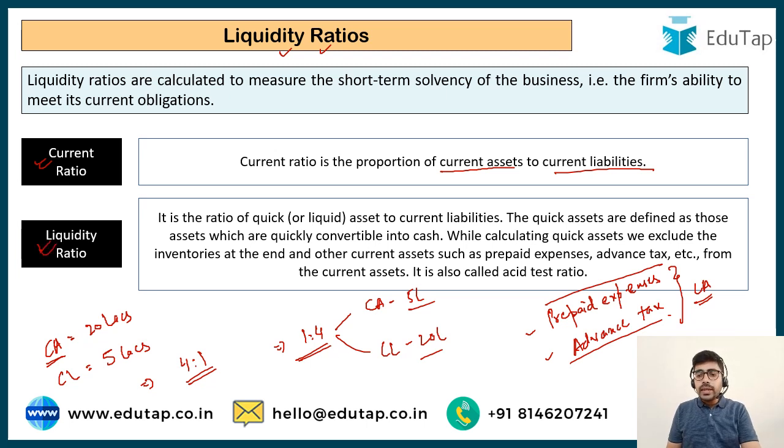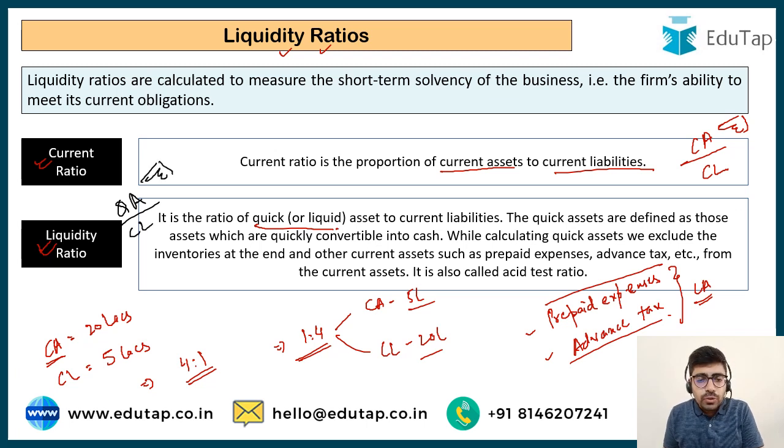In this ratio, we are going to change the numerator from current assets to quick assets or liquid assets. In the current ratio, current assets divided by current liabilities, the numerator was current assets. But when we are talking about quick ratio, this is going to be about the quick assets or liquid assets divided by current liabilities. So this numerator is something which is going to change here.